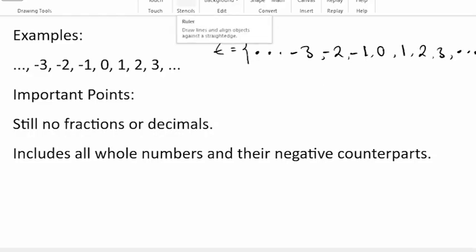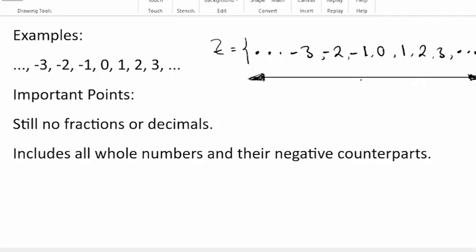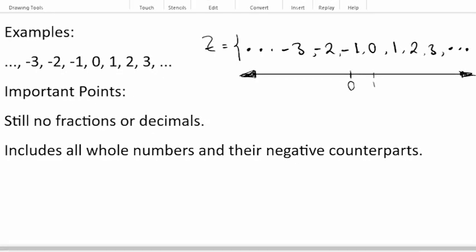Also, we can show it on the number line. The starting point of integers is 0, the origin O, and here is 1, 2, 3, continue.